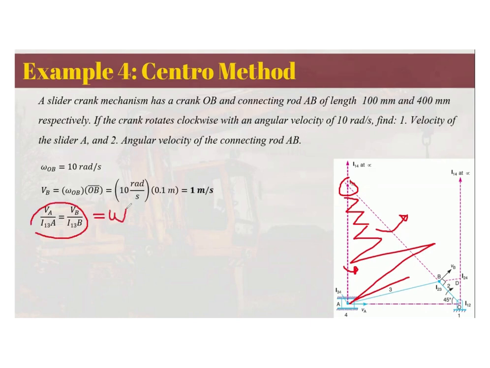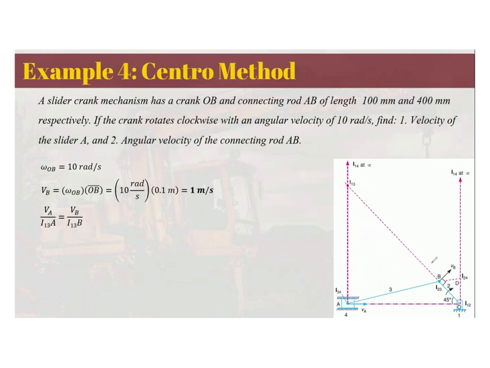The angular velocity is equal to the velocity of A, which is still unknown, divided by its distance to the center, and also equal to the velocity of B divided by its distance from the common center. Using these proportions, we can solve for the velocity of A.